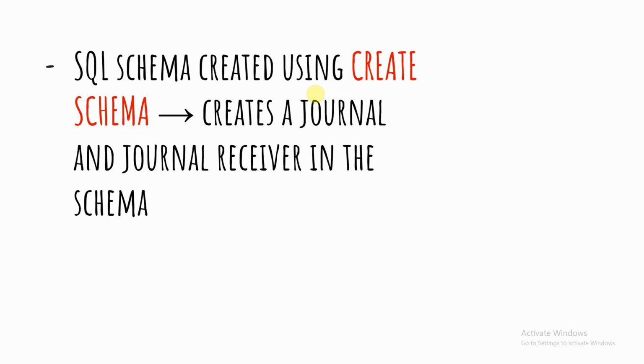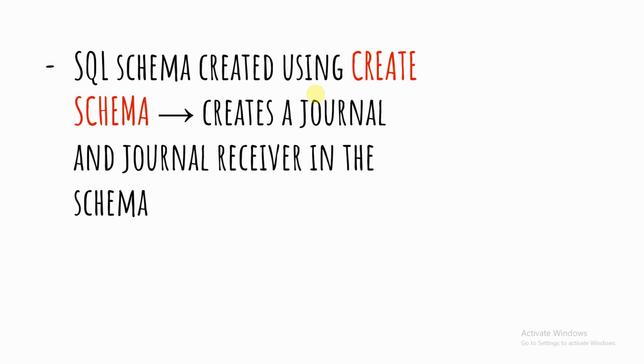But whenever you create a schema, it by default creates a journal and journal receiver in that schema, which is the QSQJRN journal. In a library you don't have the default journal receiver. You have to create a journal and a journal receiver, then you can perform the journal functions.